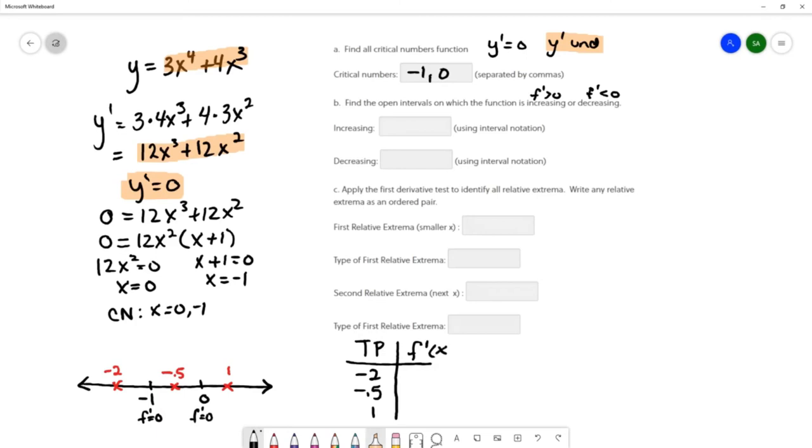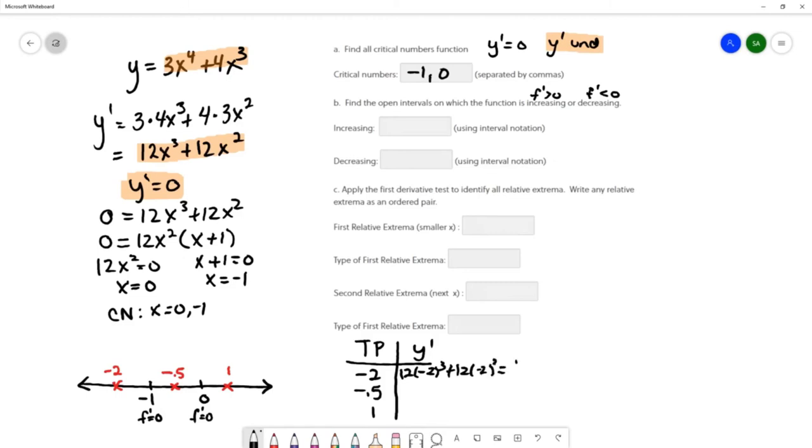I should probably write y prime because our equation is y prime. If I test this into that derivative, I'll get 12 times -2 cubed plus 12 times -2 squared.